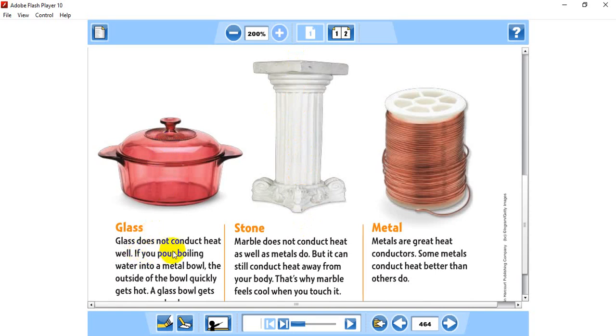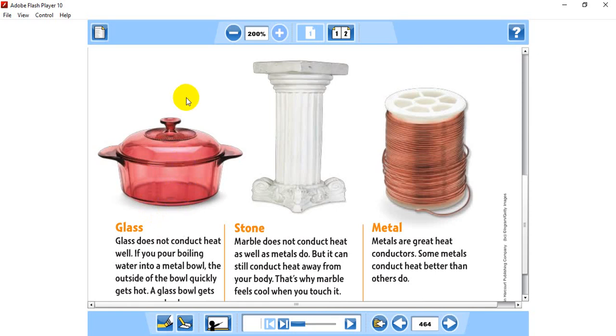Glass does not conduct heat well. Okay guys, so glass does not what? Conduct heat well. Why does it not conduct heat well? Because if you pour boiling water into a metal bowl, the outside of the bowl quickly gets hot. Why?